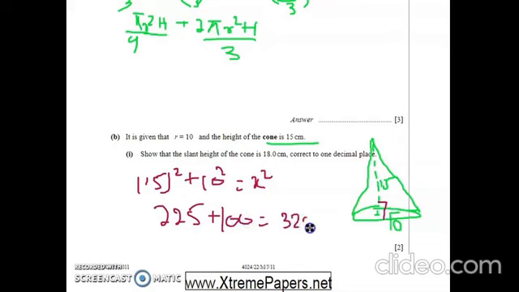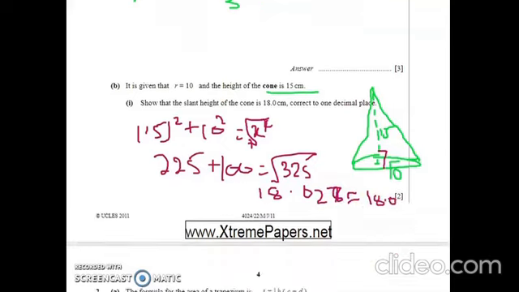Then I take the square root of x and of 325. The square root of 325 gives me 18.027, which I can round off to 18.0, nearest to 1 decimal place.